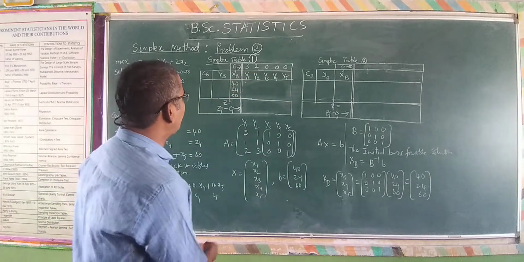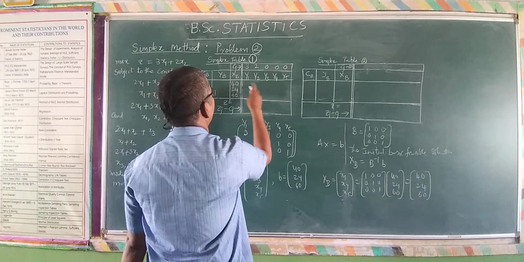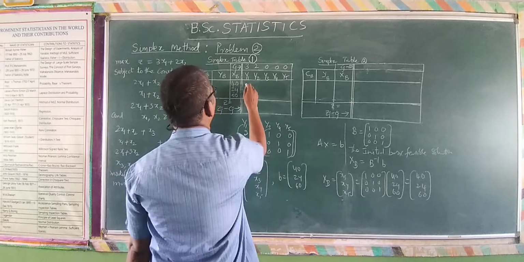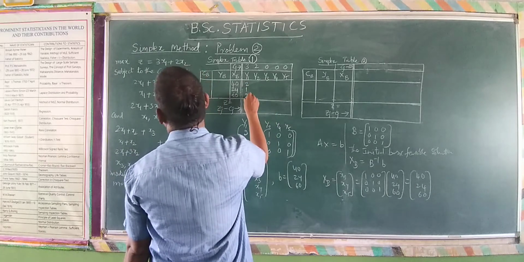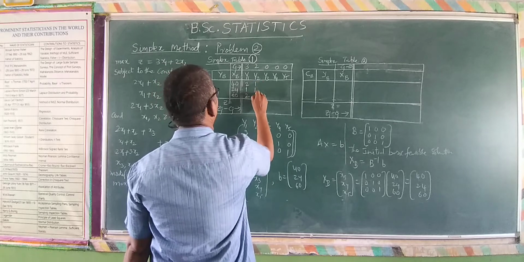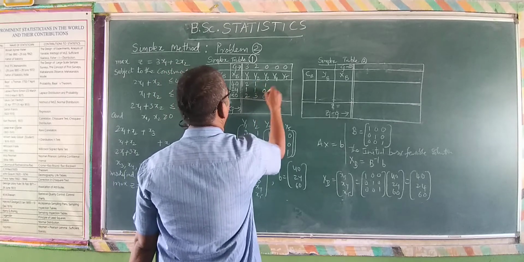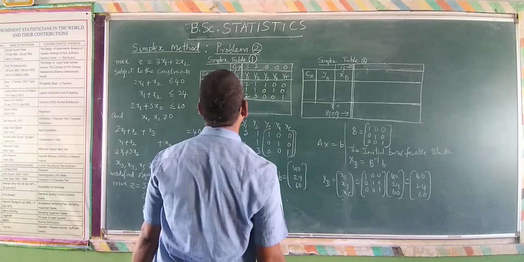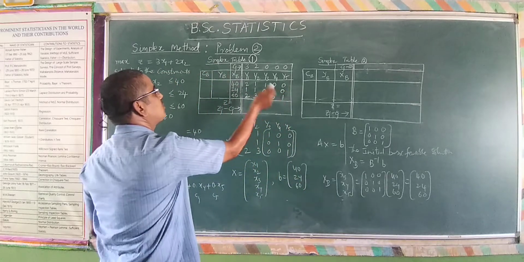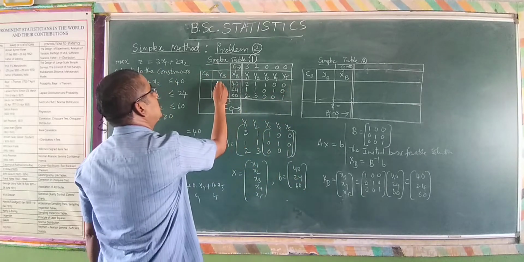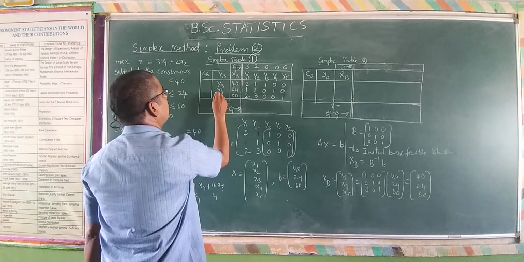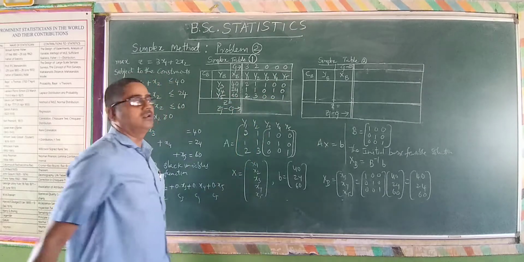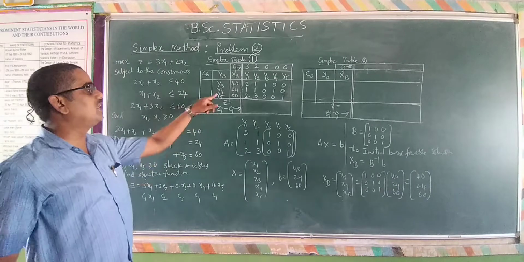Now the remaining values, the vectors y1, y2, y3, y4, y5: 2, 1, 2; 1, 1, 3; 1, 0, 0; 0, 1, 0; 0, 0, 1. What are the vectors of the basis matrix? Y3 is 1, 0, 0. Y4 is 0, 1, 0. Next, Y5 is 0, 0, 1. Next we have to fill this.